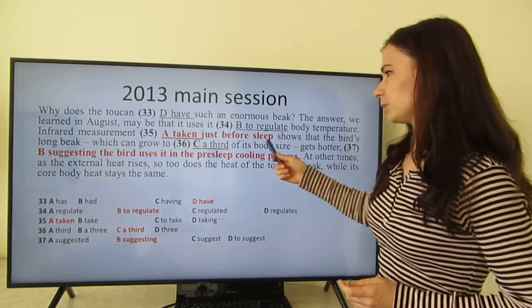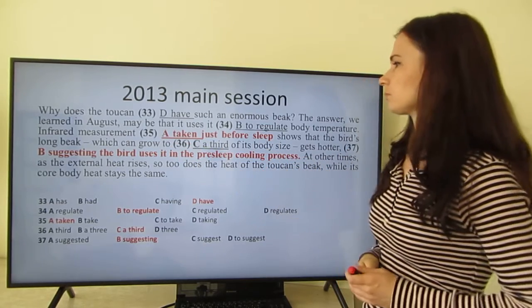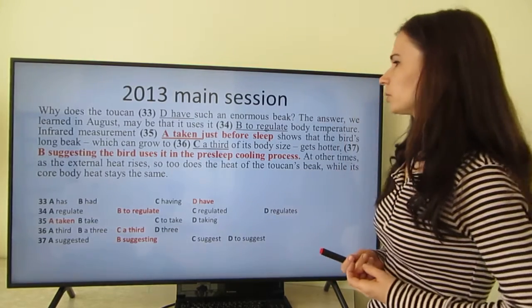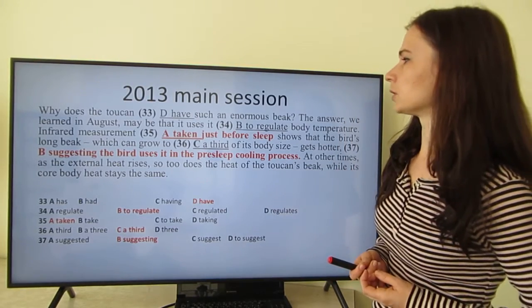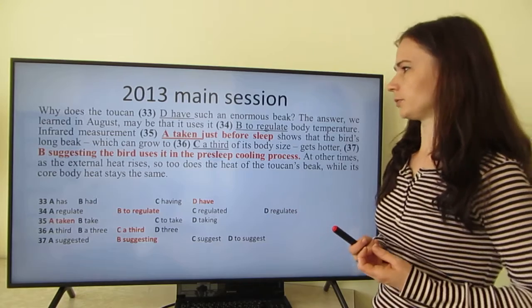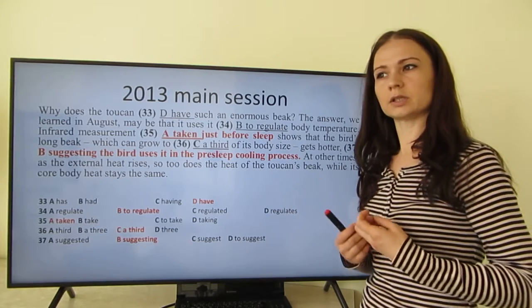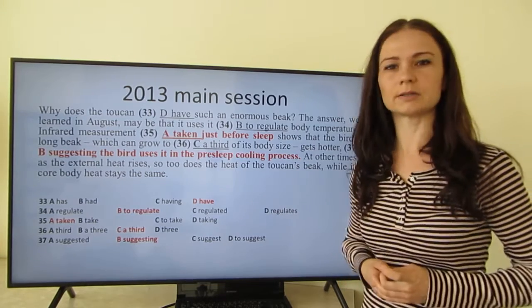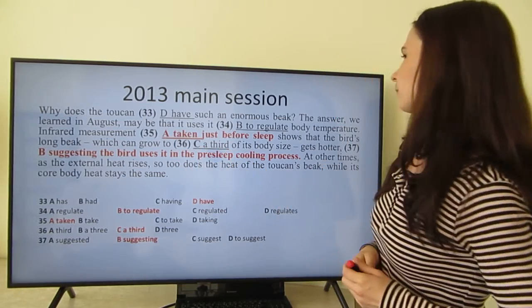This is the participle clause. It's in red. If we develop it into a relative clause, we will get infrared measurement, which was taken just before sleep. Okay, so it's passive. The action is passive. That is why we need the past participle here, taken.